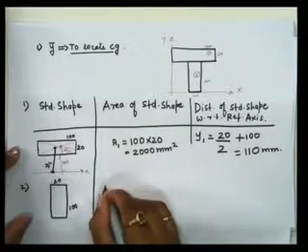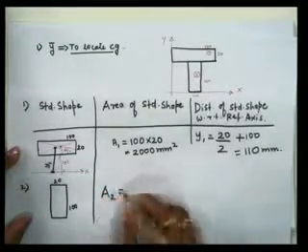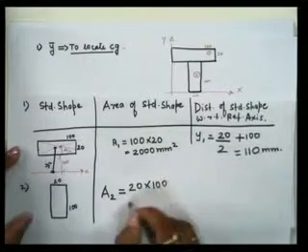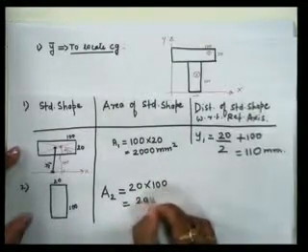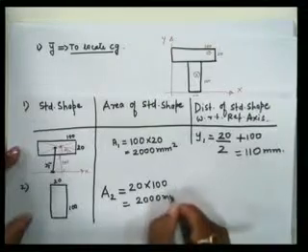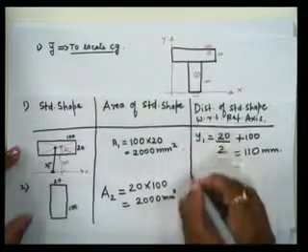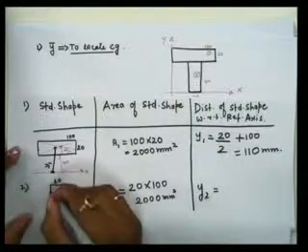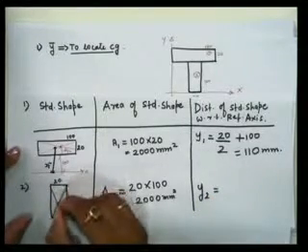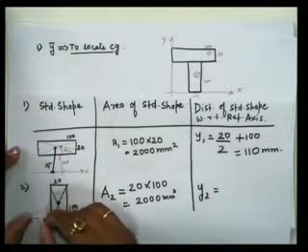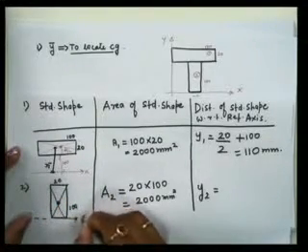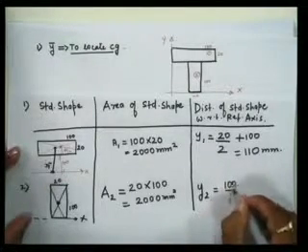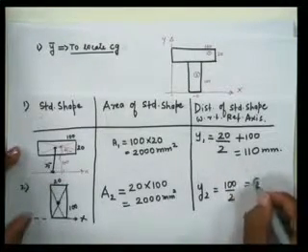So area A2 will be equal to 20 into 100, that is again 2000 mm square. Okay, and what will be y2? So y2 is the intersection of diagonals, and where is our reference axis passing? This is our reference axis x. So that is nothing but d by 2, that is 100 by 2, that is equal to 50 mm.